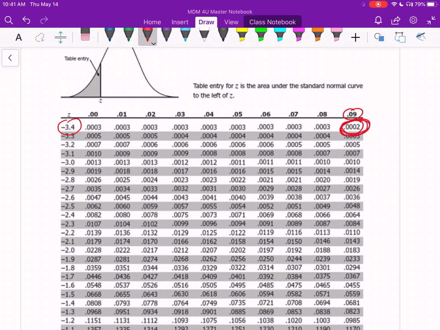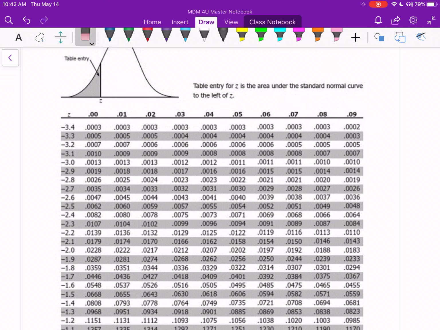And then as we go this way, because we're dealing with negative numbers, we're actually increasing, right? Because negative 3.48 is actually greater than negative 3.49, and so on. So as we're going up, the probabilities are also going up. That only applies for the negative side.